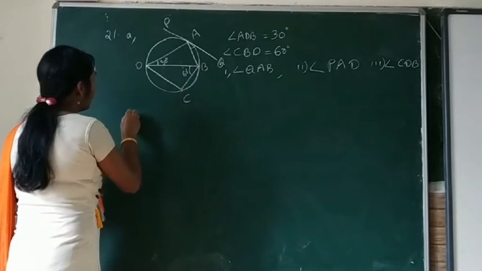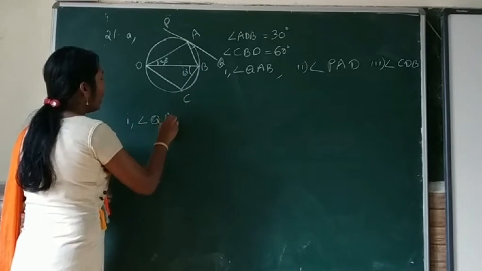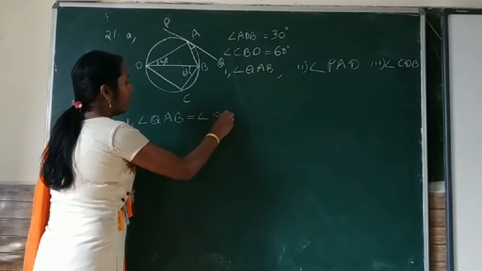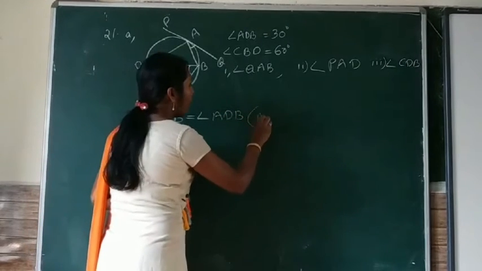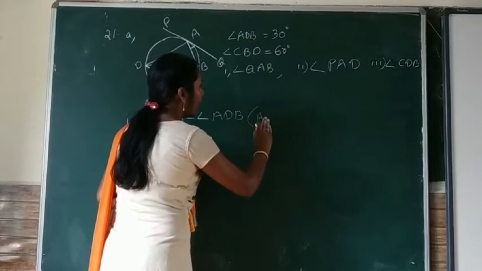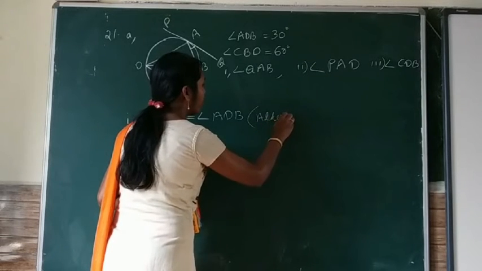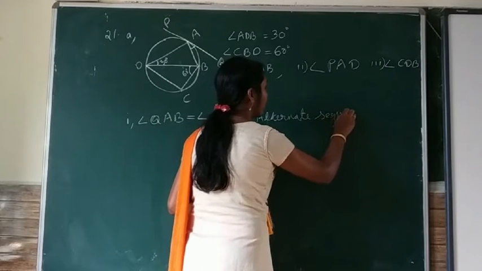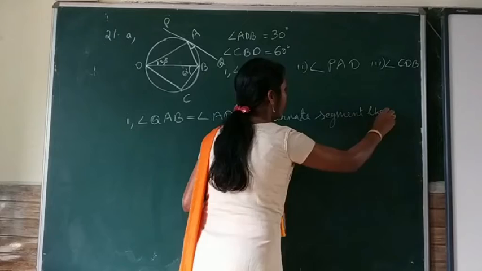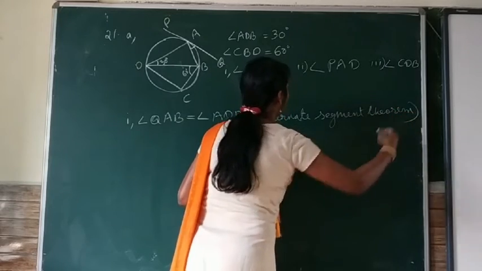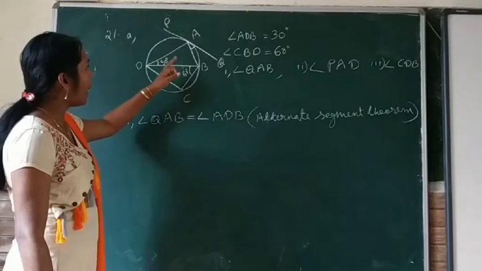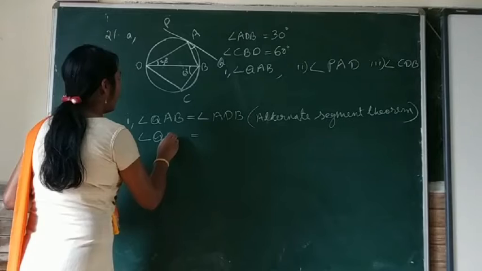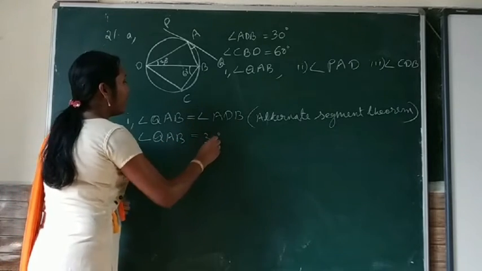Therefore, angle QAB is equal to angle ADB. Reason: alternate segment theorem. Hence, we have got angle QAB is equal to 30 degrees.